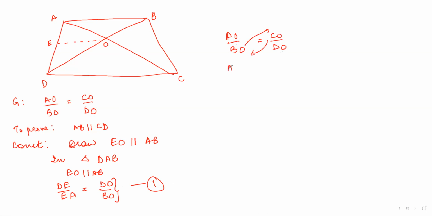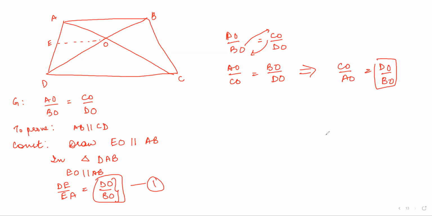So this is AO upon CO is equal to BO upon DO. Now again, DO in the denominator and BO in the numerator, so you can just flip it. You can write CO by AO is equal to DO by BO. Any problem here? No. Because ultimately I want to make this thing equal to this thing, so I have simply rearranged. That's it. So this is 2.